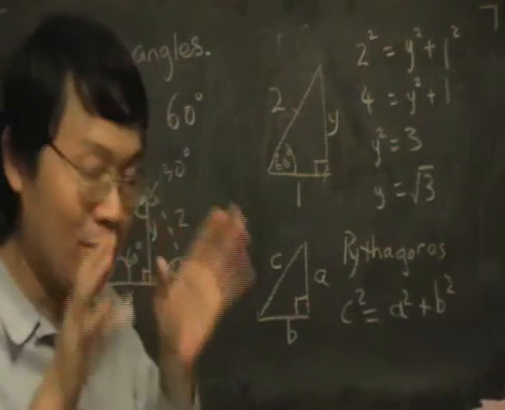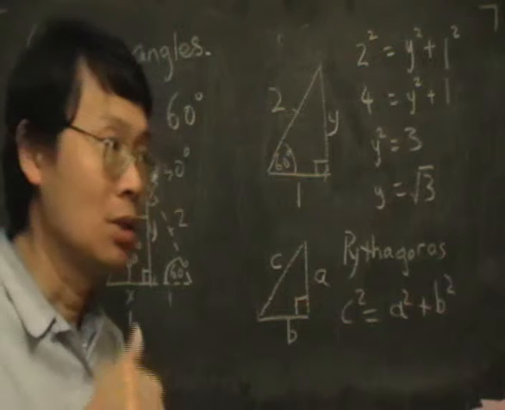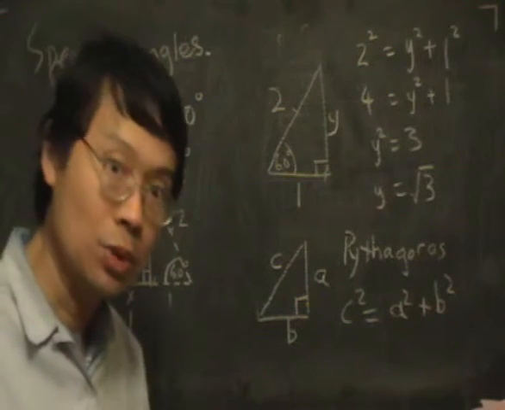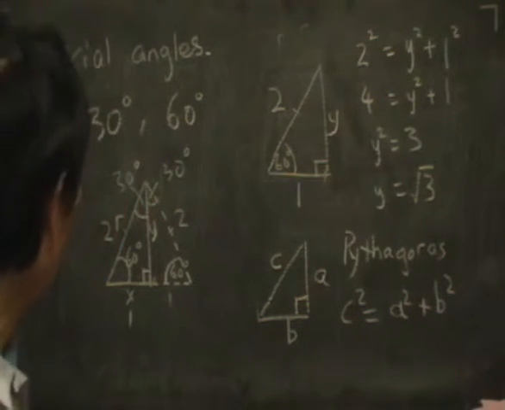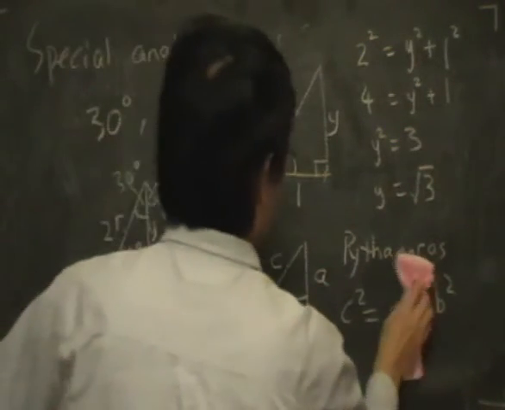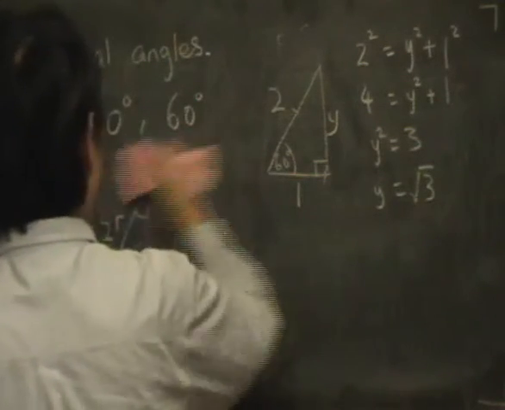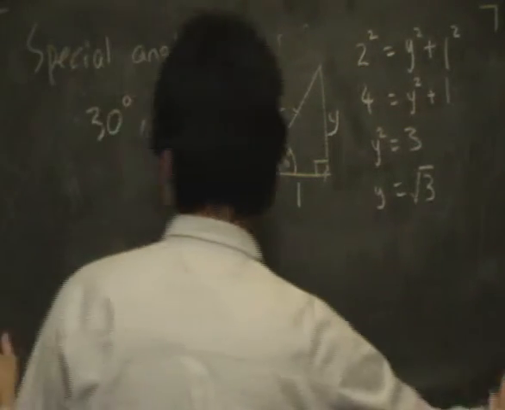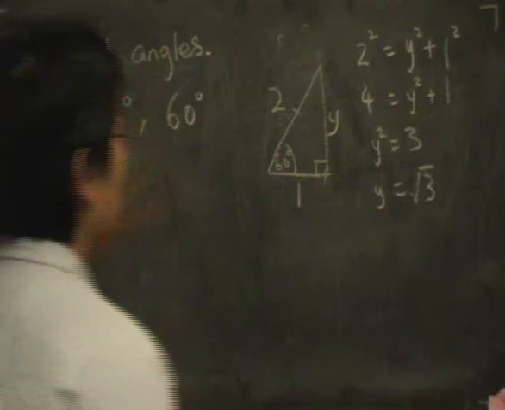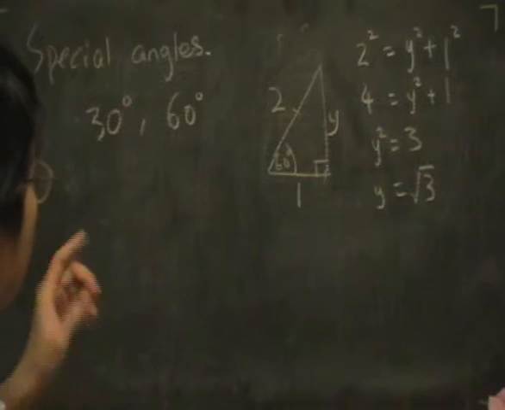And clearly, if we have all the sides, we can now find the sine, the cosine and the tangent. So let's do that. Let me just clean this off. You can easily read off the answers.